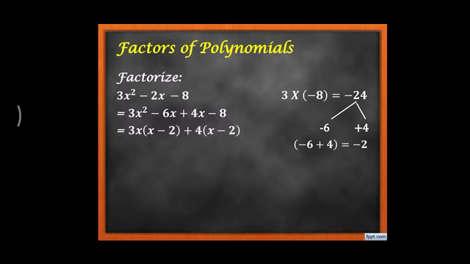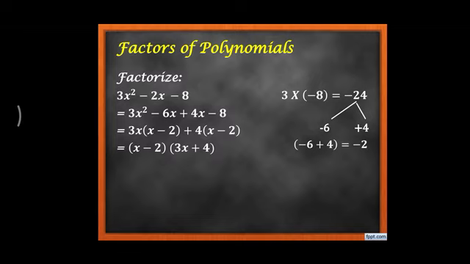In the last two terms, if we take 4 as common, we again have x minus 2 as the common factor for both these terms. Now from these two terms we have x minus 2 as common, and in the second bracket we will have 3x plus 4.